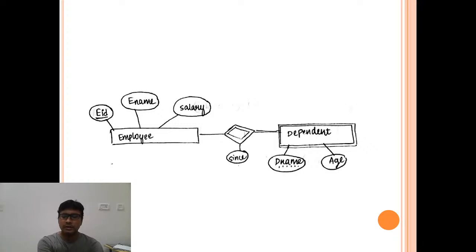In the dependent entity, or dependent table, I am asking which one will act as a primary key. Think about it, Uma, Sri and Sailaja. What about Nagaraj?